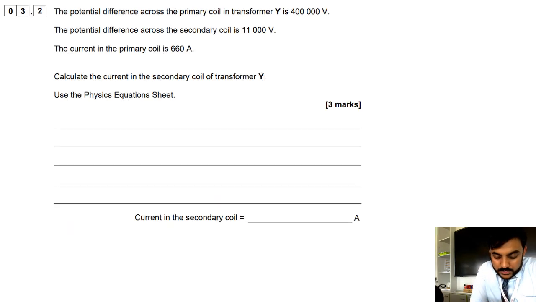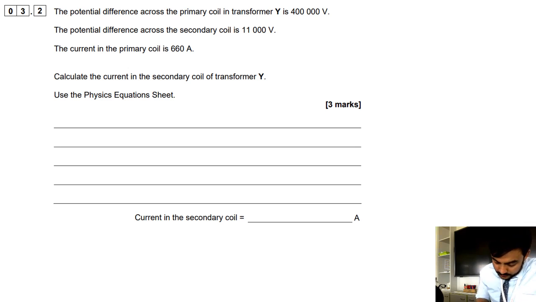The potential difference across the primary coil and the transformer is 400,000 volts, and the potential difference across the secondary coil is 11,000 volts. The current in the primary coil is 660 amps. Calculate the current in the secondary coil of the transformer Y. Use the physics equation sheet. Now we know that Y is a step down transformer.